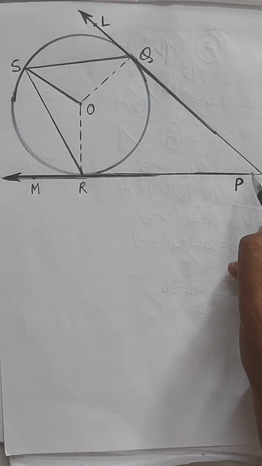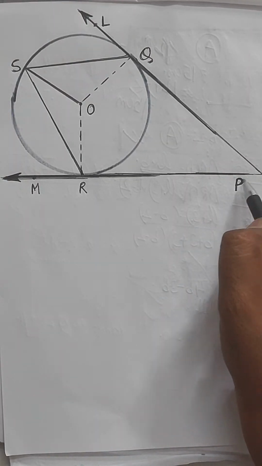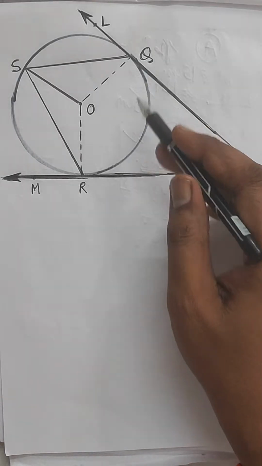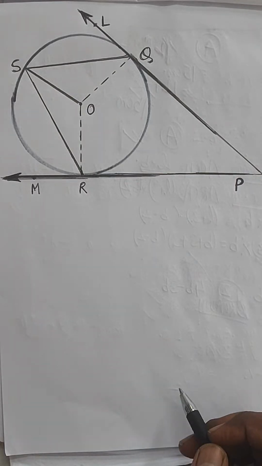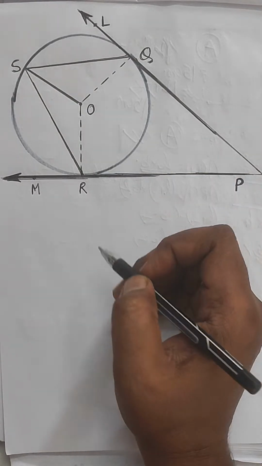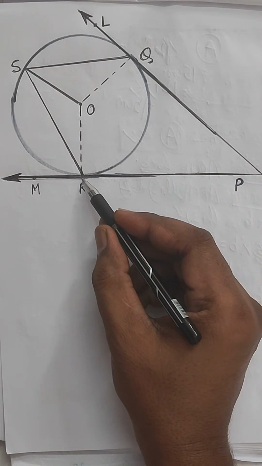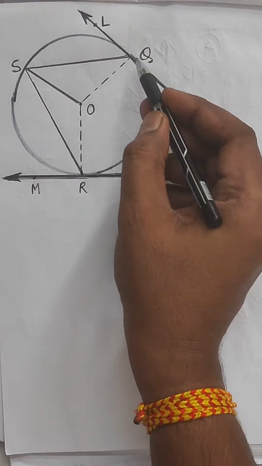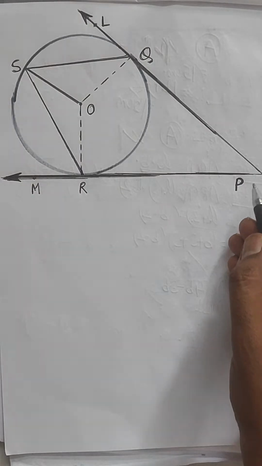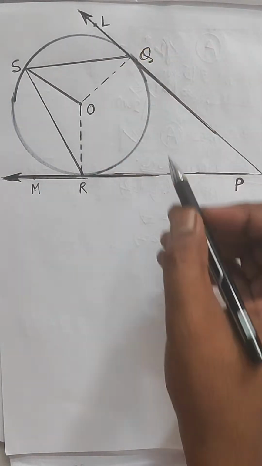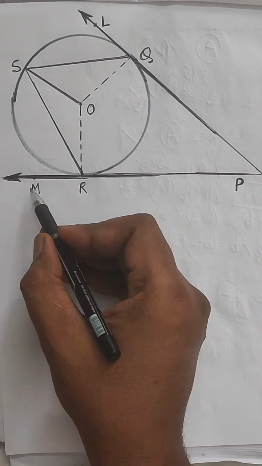From here, two tangents are drawn to the circle whose center is O, and these two tangents are touching the circle at R and Q respectively. And the names of the tangents are PQL and PRM.